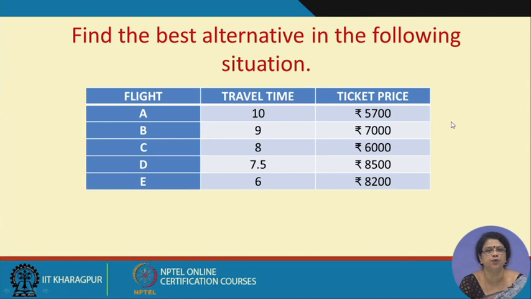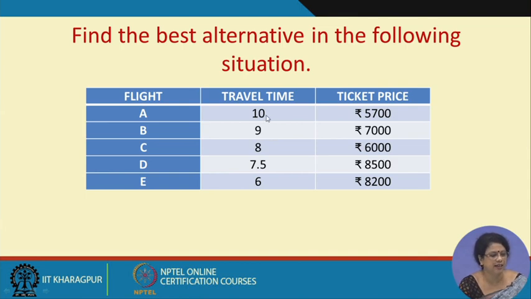That is obvious, we do it every day without even knowing multi-objective. We are taking 2 decisions together which are conflicting. I say again and again the objectives are conflicting in nature, because we do not have any option where we get both the travel time minimum and the ticket price minimum.